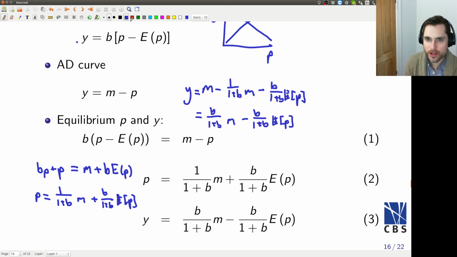We're inserting money into the economy, seeing how our equilibrium depends on money.